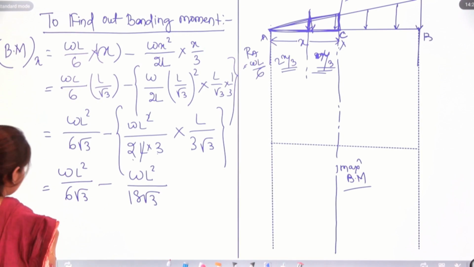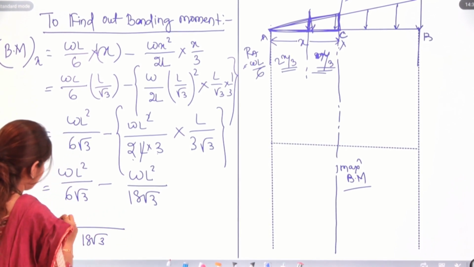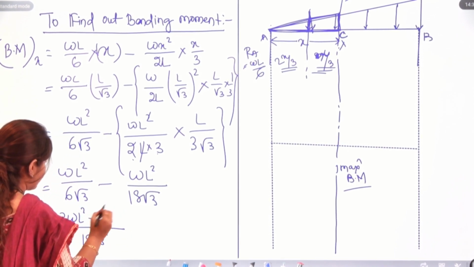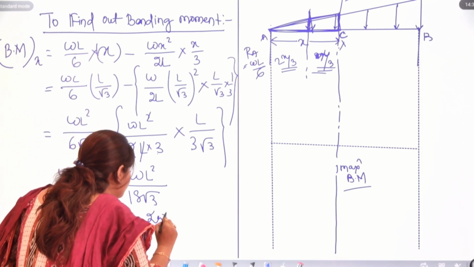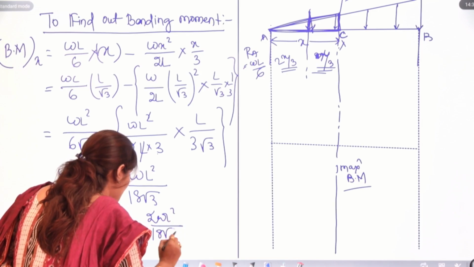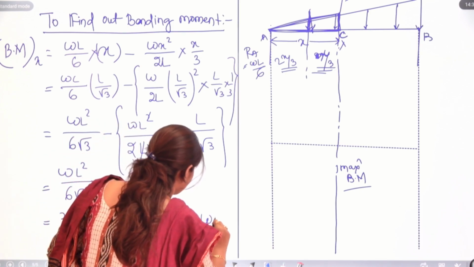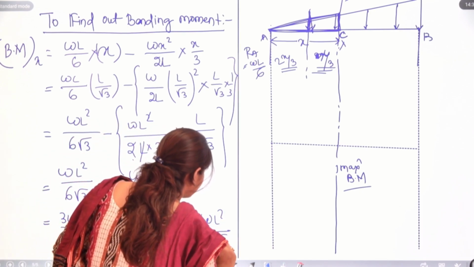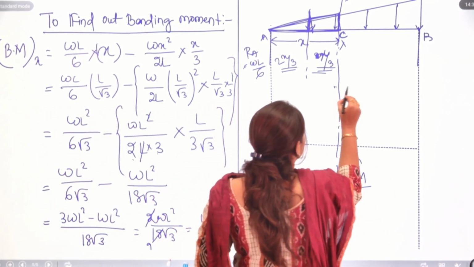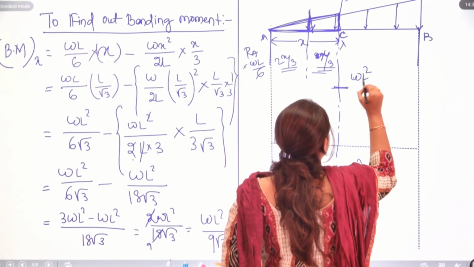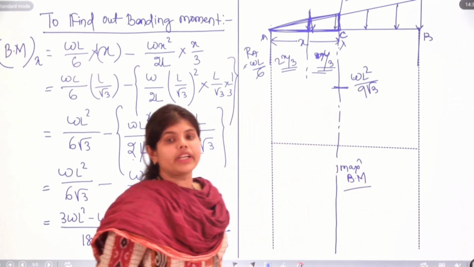Now 3 WL square minus WL square upon 18 root 3, and we have 2 WL square by 18 root 3. This 2 cancels. So WL square by 9 root 3 is your maximum bending moment, which is the bending moment at point C.